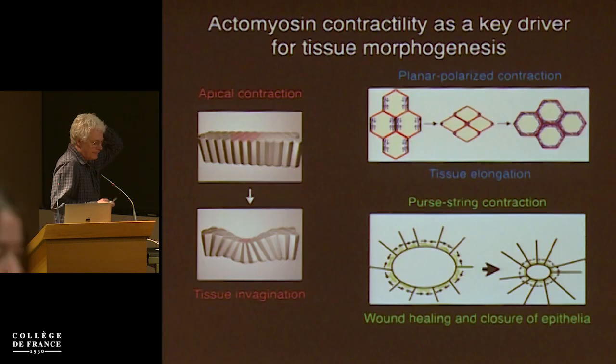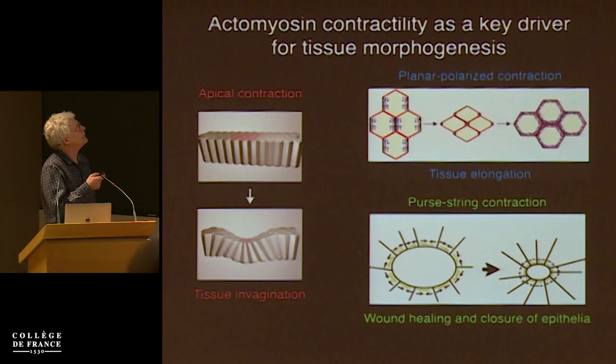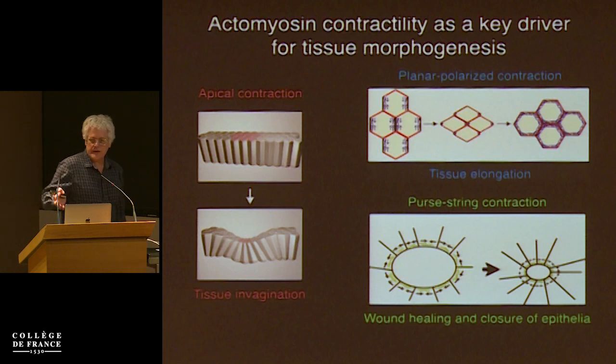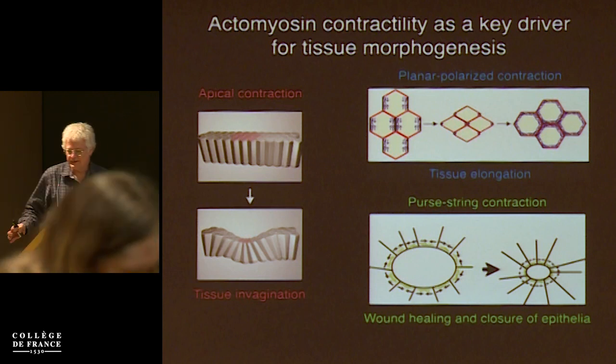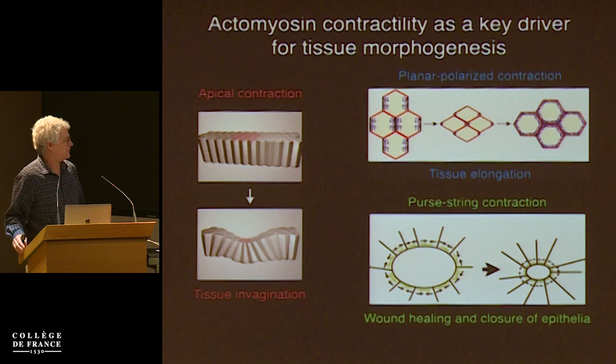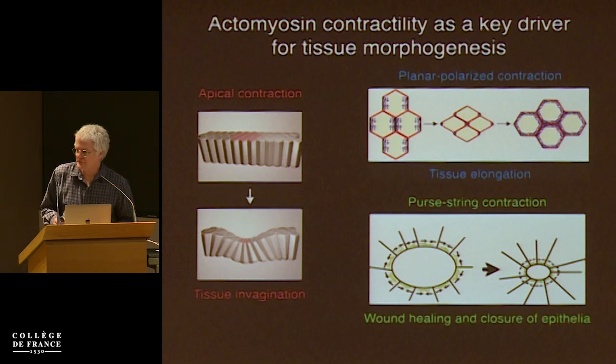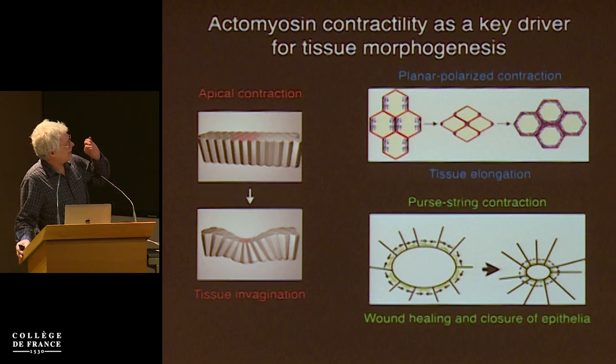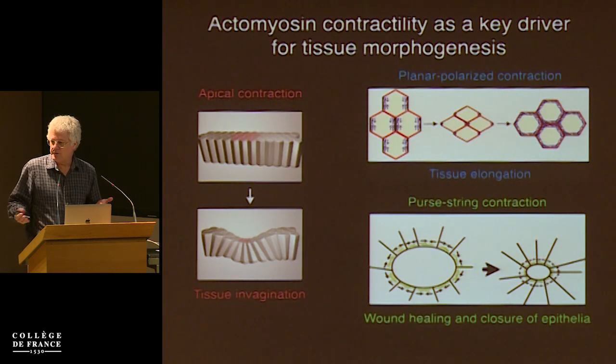So I can dive right into tissue level and say that embryos use actomyosin contractility. Sorry, I have a tendency to pace when I speak. Embryos, I'll pace very slowly. Embryos use actomyosin contractility in a large variety of different ways to drive different modes of tissue deformation.